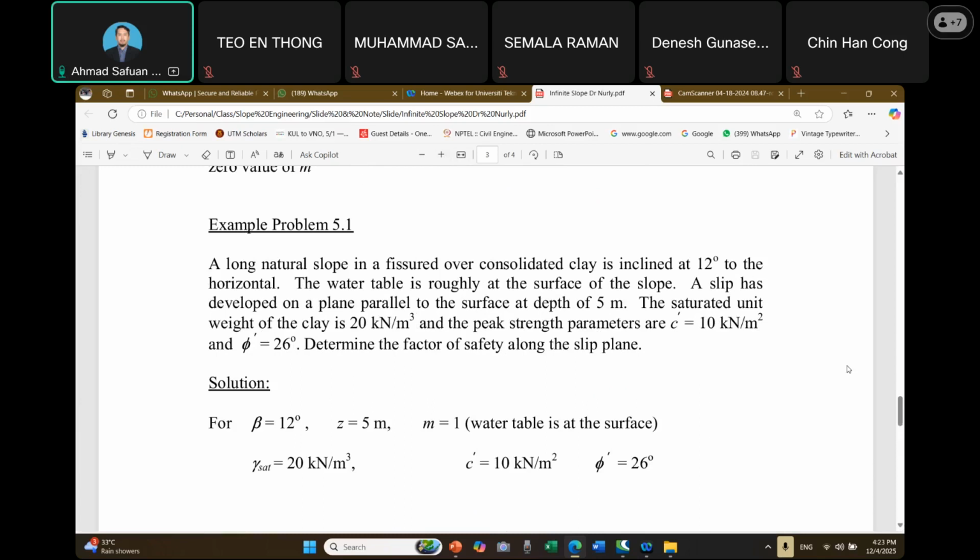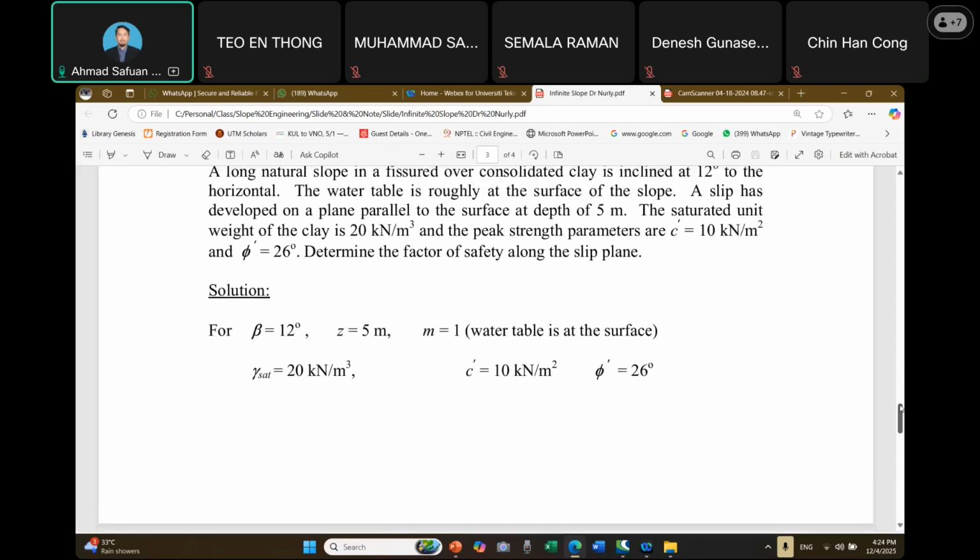The water table is roughly at the surface of the slope. A slip has developed on a plane parallel to the surface at a depth of 5 meters. The saturated unit weight of the clay is 20 kN per meter cube, and the peak strength parameters C is 10 and phi is 26. Determine the factor of safety along the slip surface.